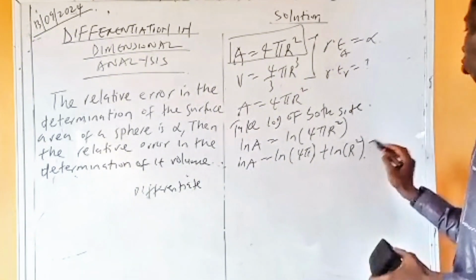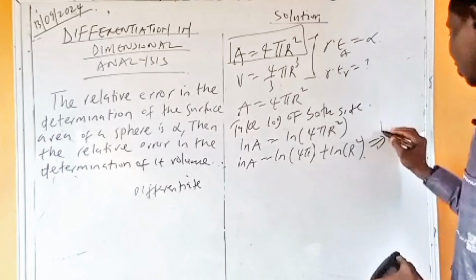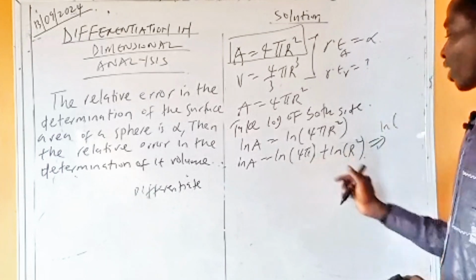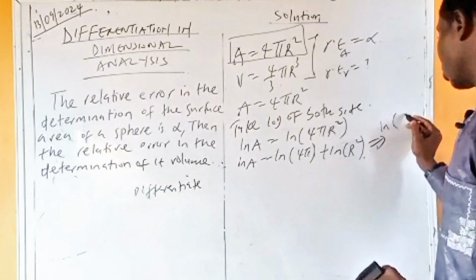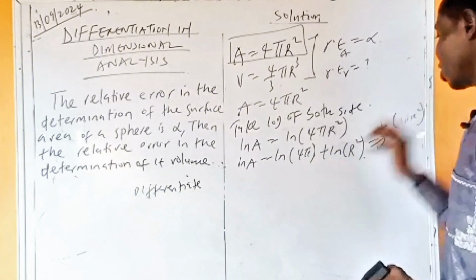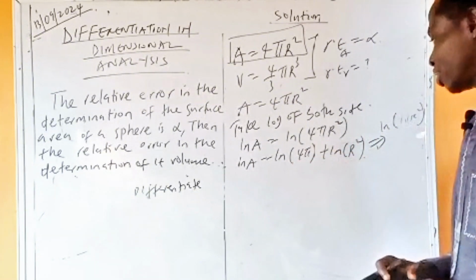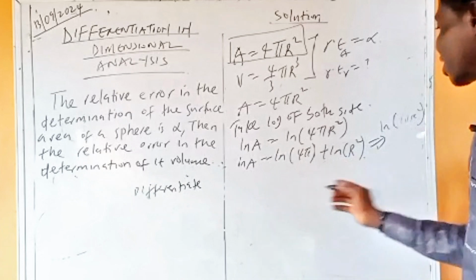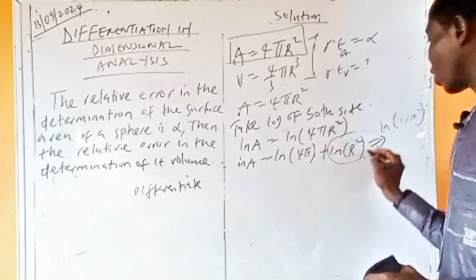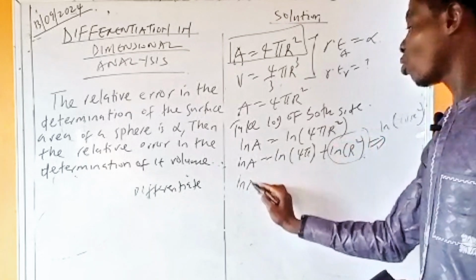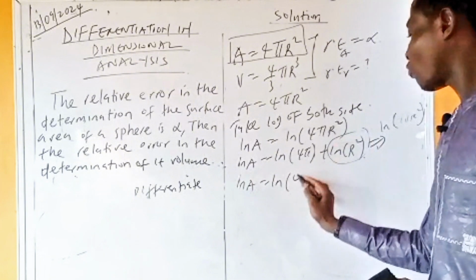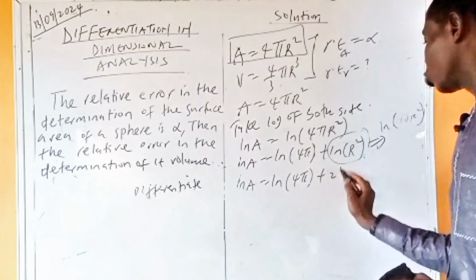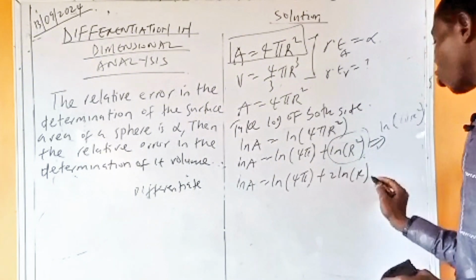We remember from the rule of indices that the log of a product becomes a sum of logs, so ln of 4 pi times r squared is ln 4 pi plus ln r squared. So we now have ln A is equal to ln 4 pi plus 2 ln r.